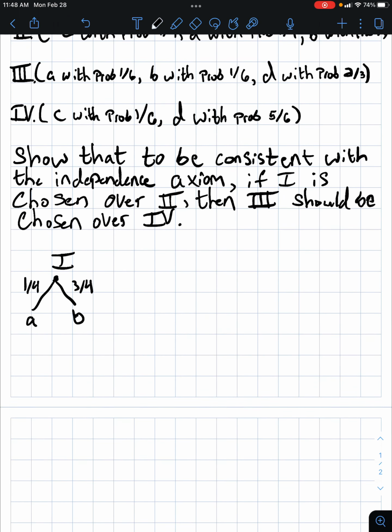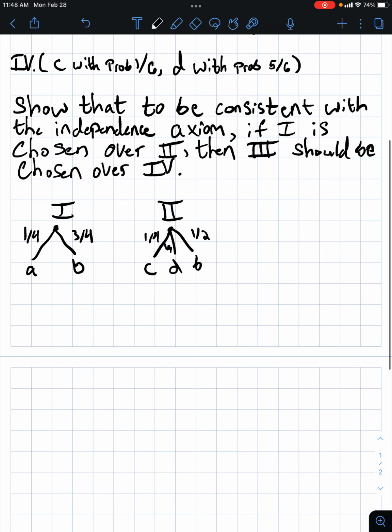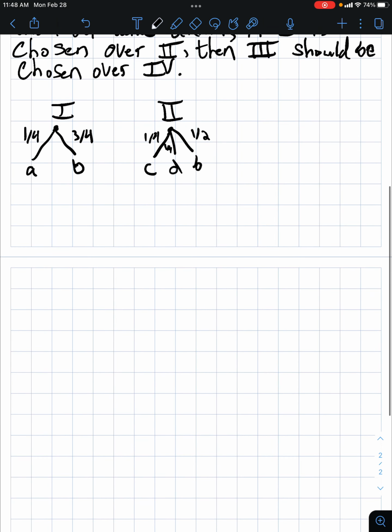And lottery 2 is C with the probability of 1/4, D with the probability of 1/4, and B with the probability of 1/2. Now how can we rewrite this so both lotteries are all the same?